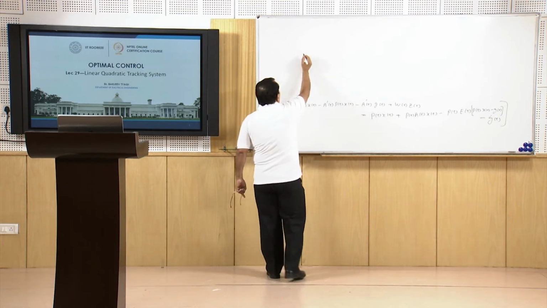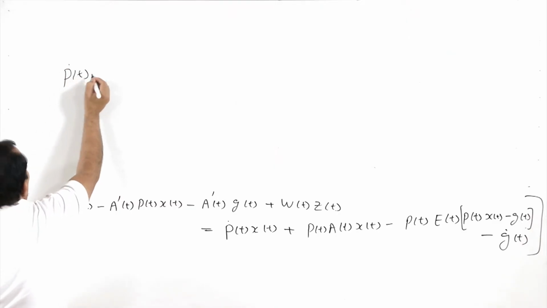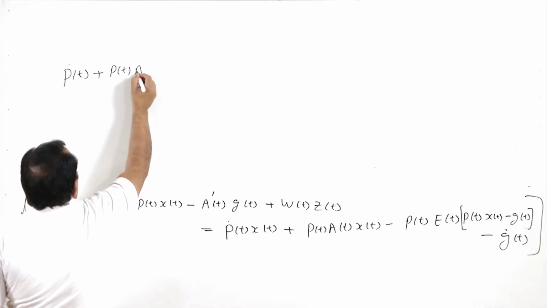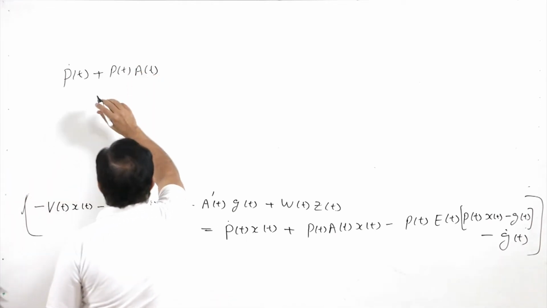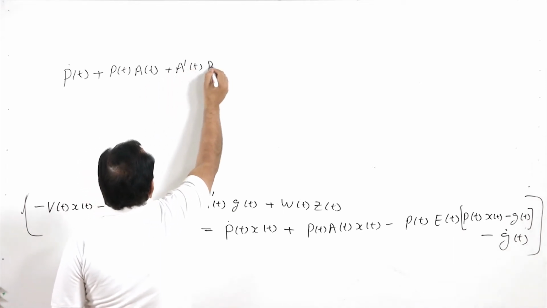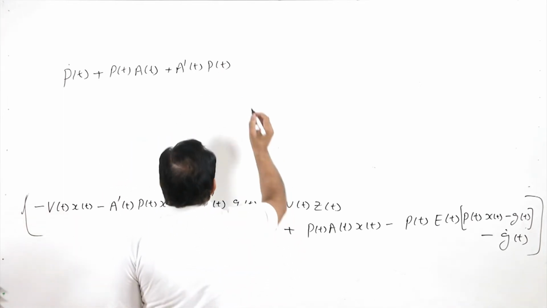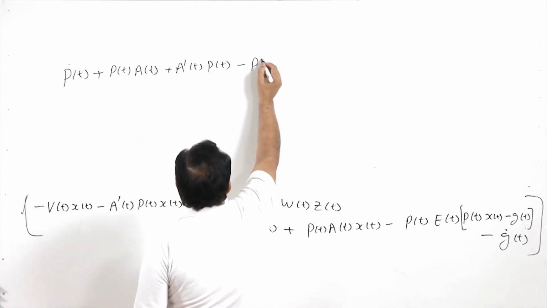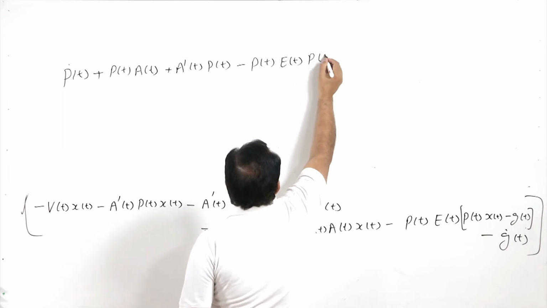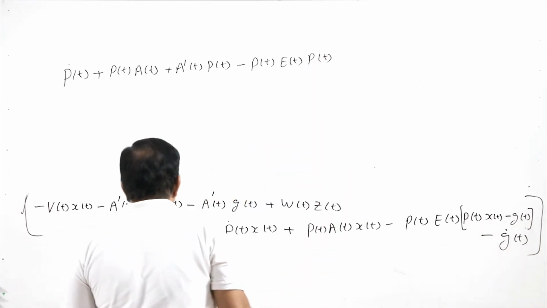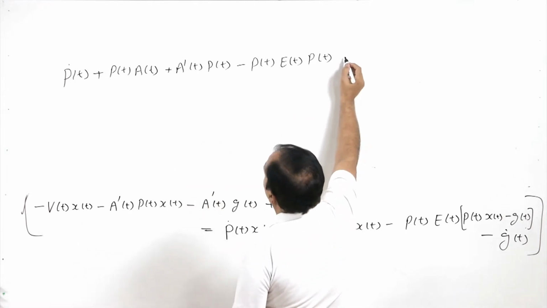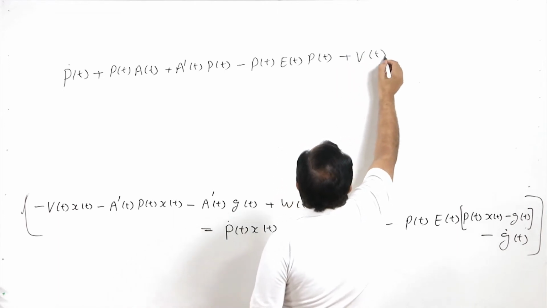So, my coefficient of x t is p dot t plus p t a t plus a prime t p t minus p t e t p t plus v t.